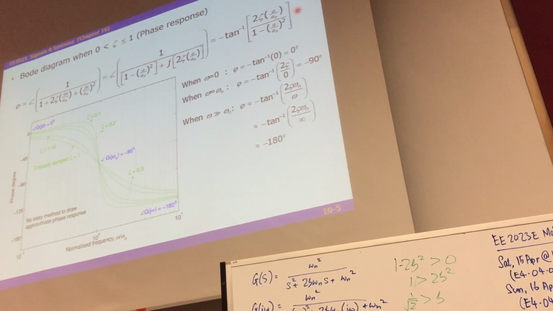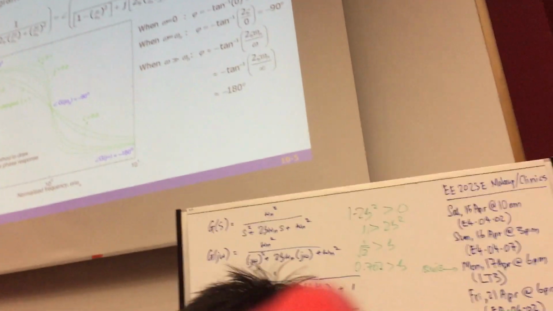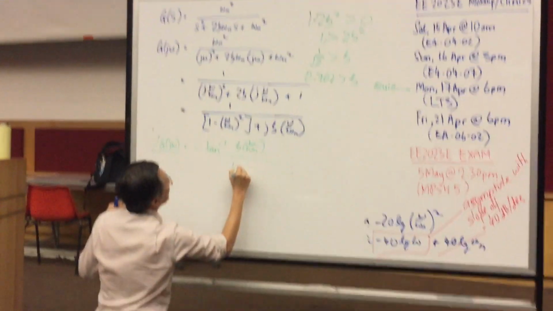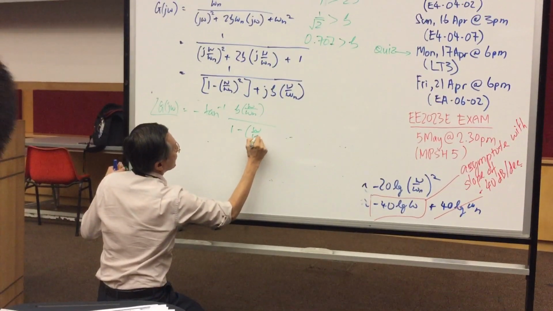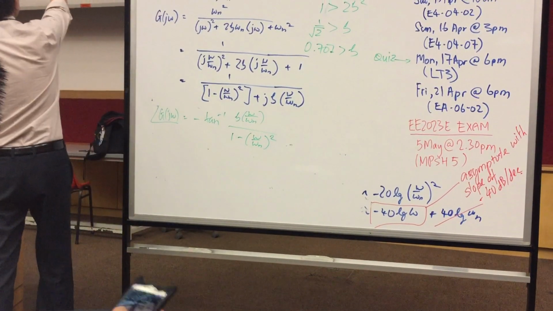So this is real, this is imaginary. So the angle of G of j omega will be minus arctangent of B over A. This is what you have over there.